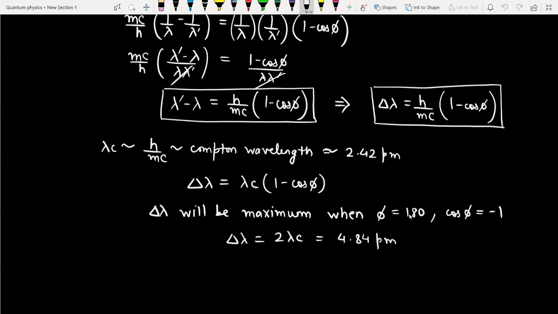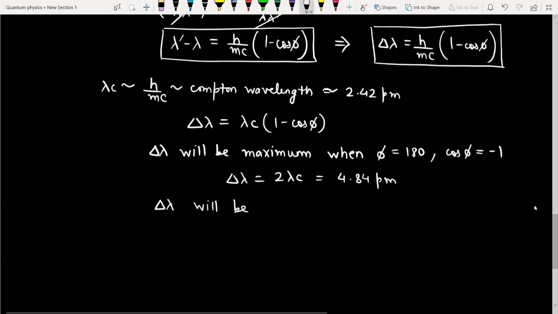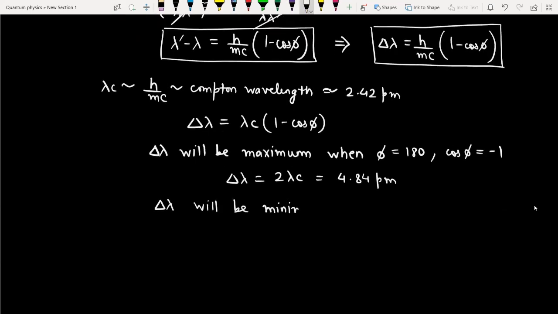And what is the value of phi for which that change in the wavelength will be 0? So basically 1 minus 1 is 0. So you can say the value of delta lambda will be minimum when phi is 0, because when phi is 0, what is the value of cos 0?